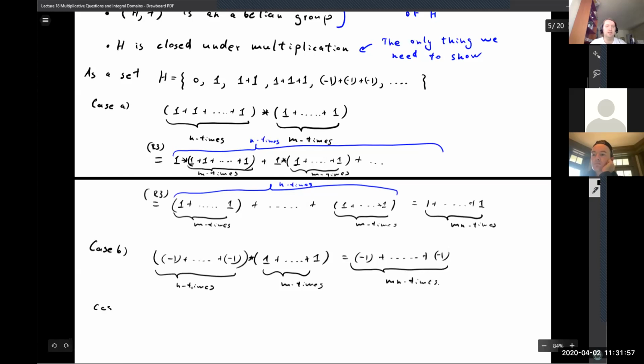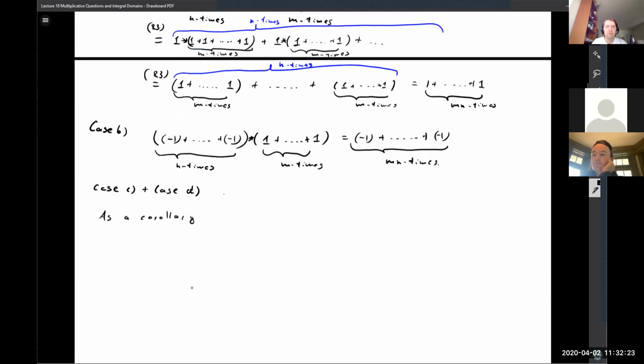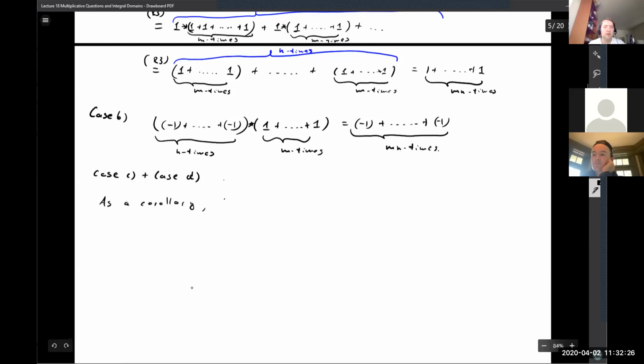There are also cases C and D, which are proved in an absolutely equivalent fashion. So as a conclusion, H is closed under multiplication, and hence forms a subring.